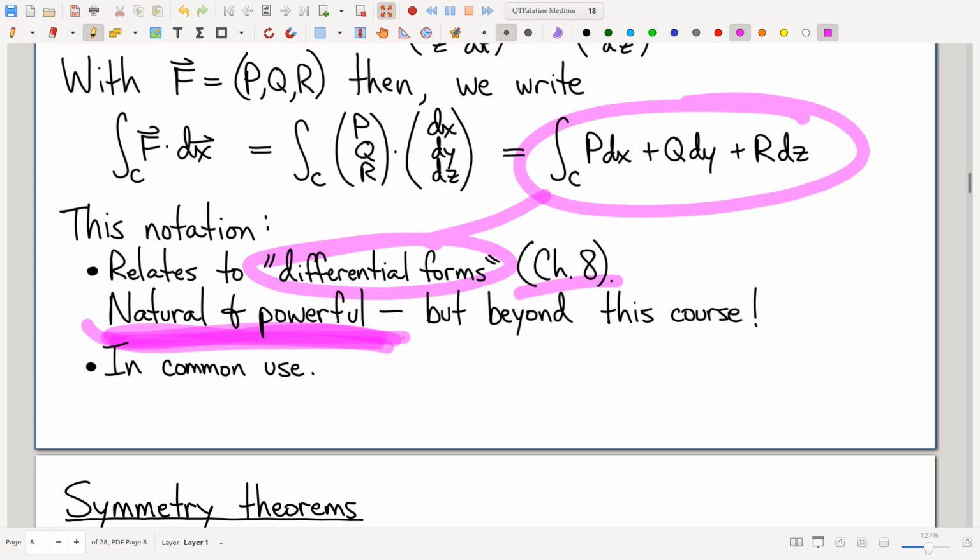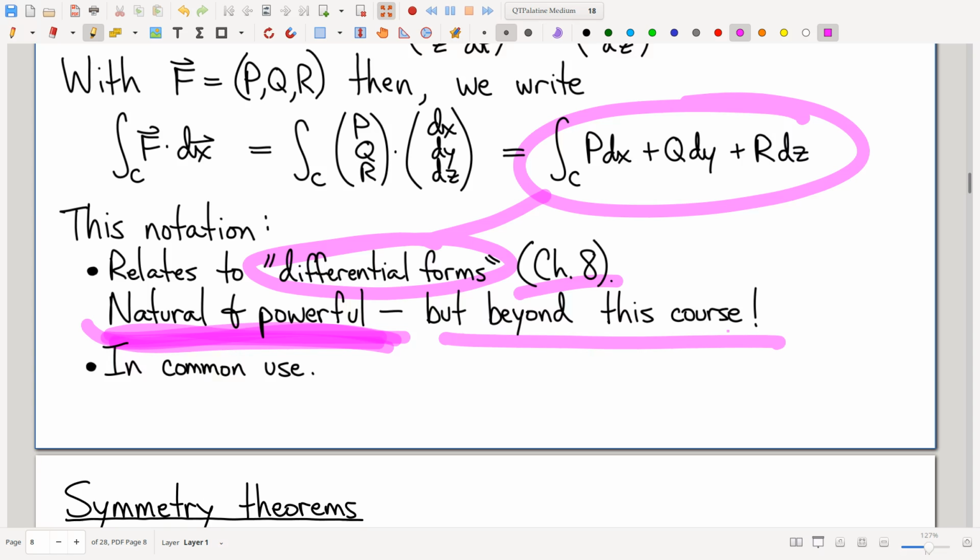Differential forms are a tool that allow you to answer questions that stumped the mathematical community for 100 years. They are crazy powerful, very important. The only thing is, they're super useful and super powerful in contexts that are well beyond Math219. Right?